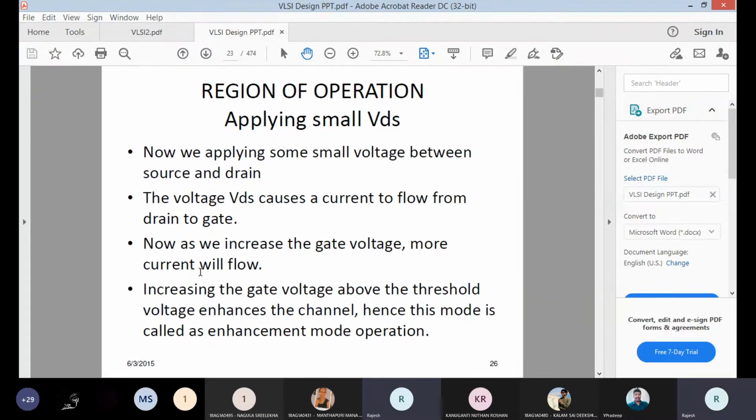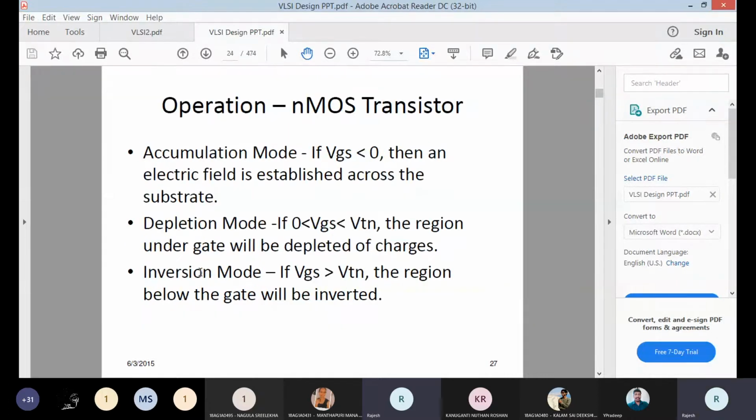Now, after applying VDS, what happens is what we are going to study. So when you apply some positive VDS, these electrons will start moving from source to drain.